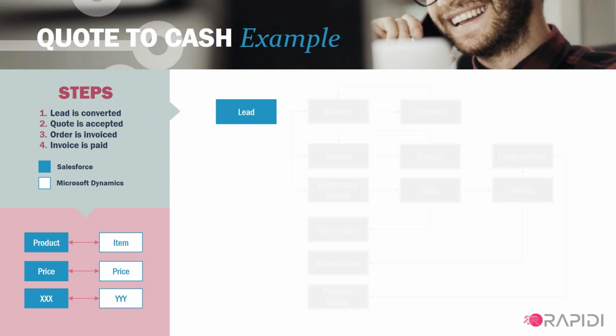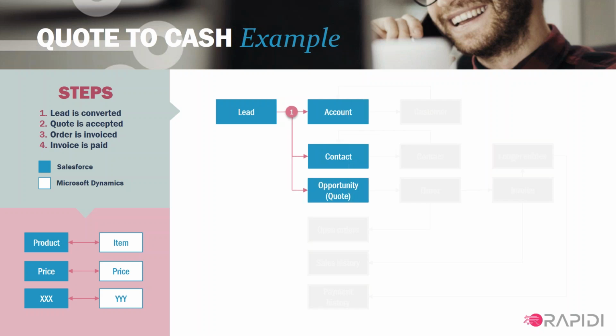The way it typically works when you have these two systems in parallel is that when you get a new lead from whatever lead source you have, it gets recorded as a lead in Salesforce. It gets marketing qualified, and once they have decided that it is something that is worth pursuing for the sales organization, they convert it into an account, a contact, and an opportunity. This is a standard Salesforce feature.